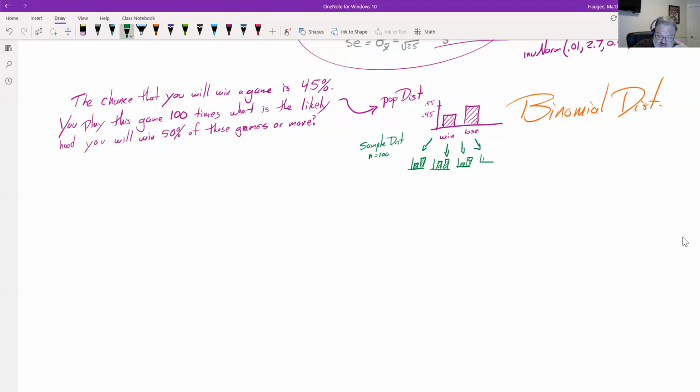But they should all be roughly around 45, 55. So we might have here a proportion of, say, 0.43. This might be a proportion of 0.47. This might be a proportion, heck, this could be a proportion of 0.6. That was a good winning streak. This might be a proportion of 0.38. Fair? Those are all the different possibilities that could happen.